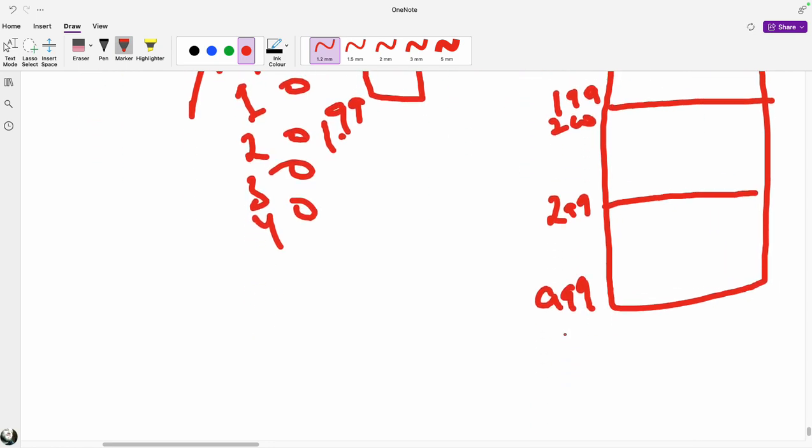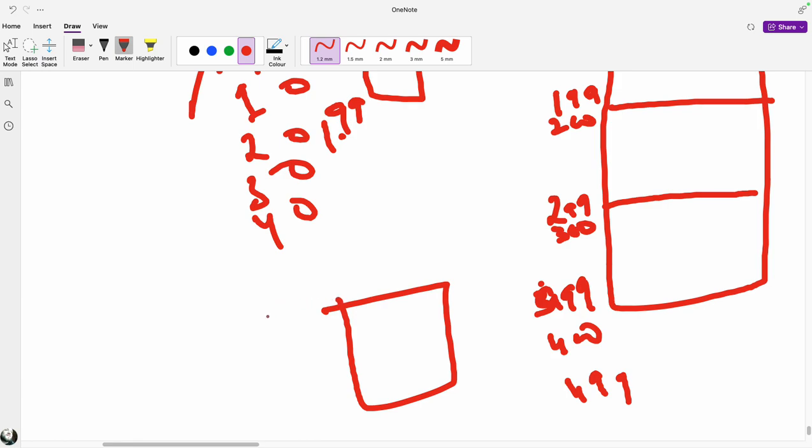Then the next segment will be 300 to 399. The next segment will be 400 to 499, right? And the last segment we will have is 900 to 999.